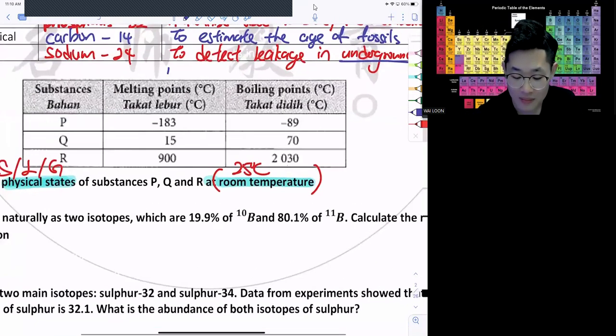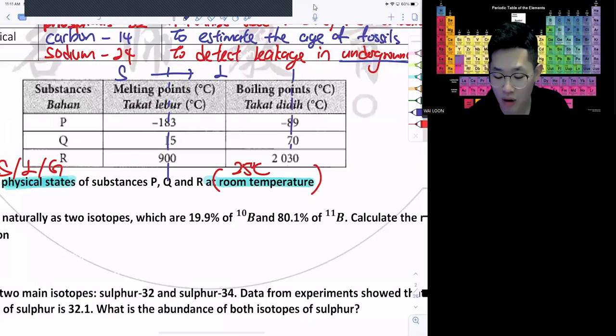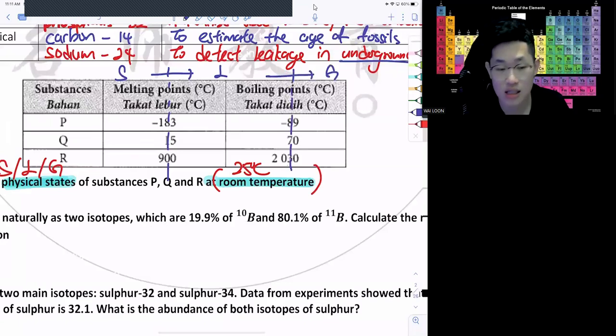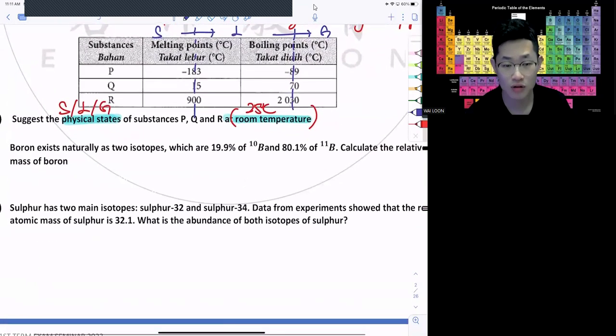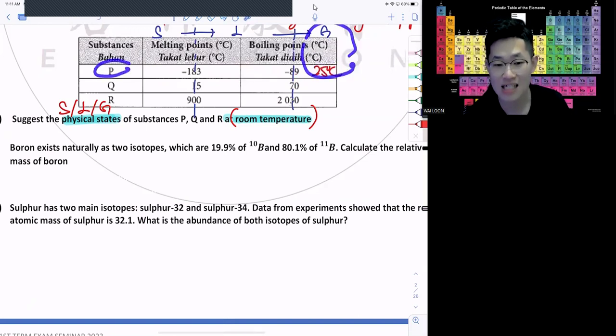If the temperature is more than the melting point, it can turn from solid to liquid. When it reaches the boiling point, it turns from liquid to gas. So all I have to do is put it in range. 25 is obviously bigger than negative 183, and it is also bigger than negative 89. So P will be in a gas state.